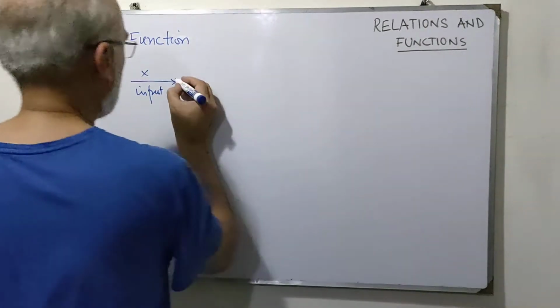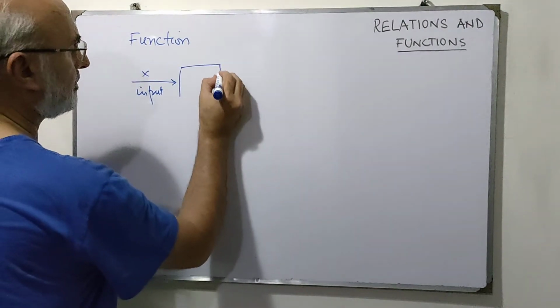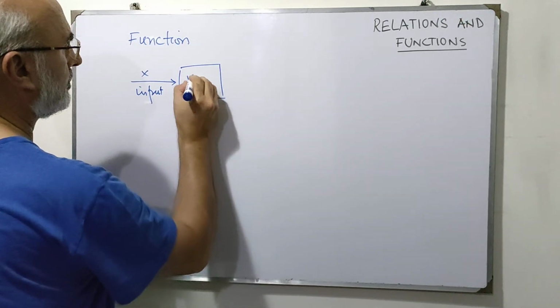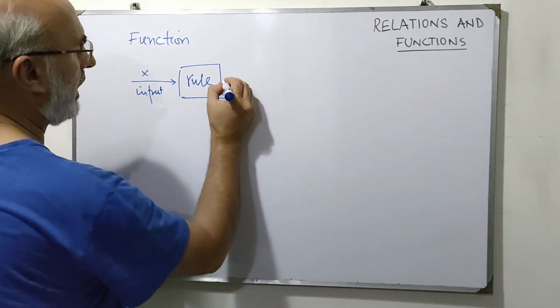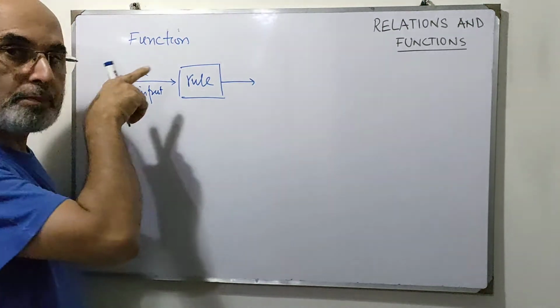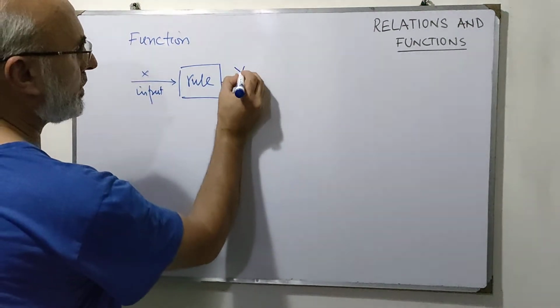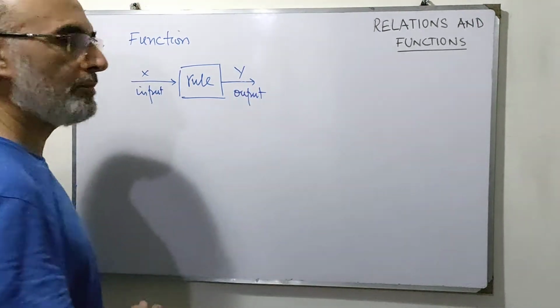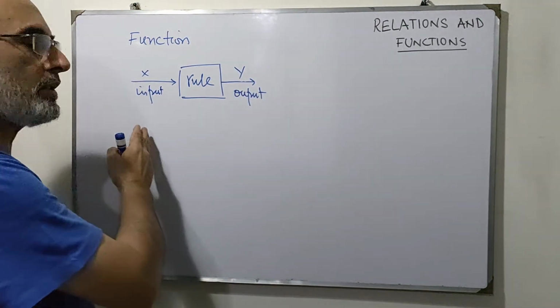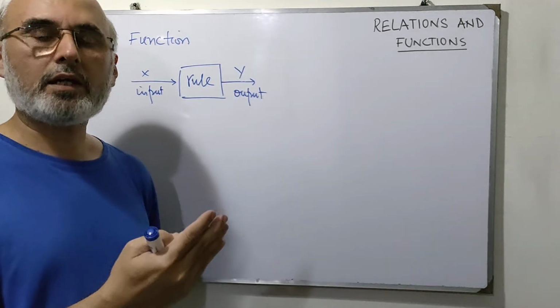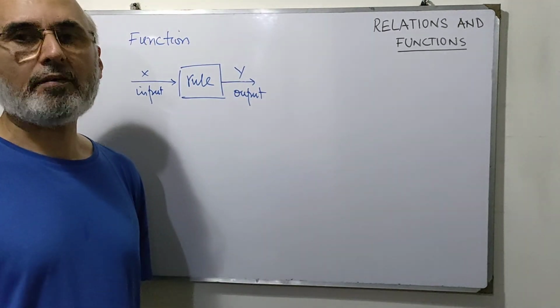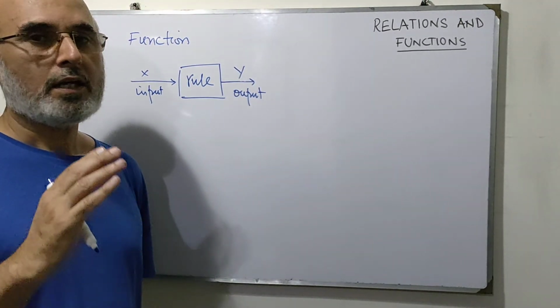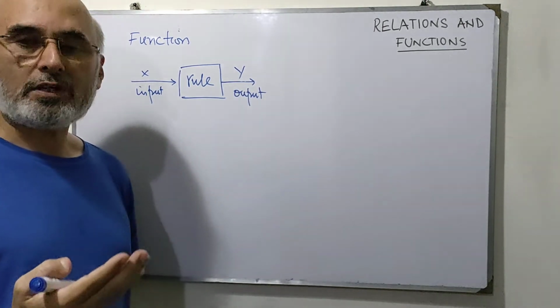And then we are going to have a rule here. And after passing it through the rule, we are going to get y values, which is the output. Okay, so we're going to have an input. It will pass through a rule, and then we will have an output. So it will be a function.